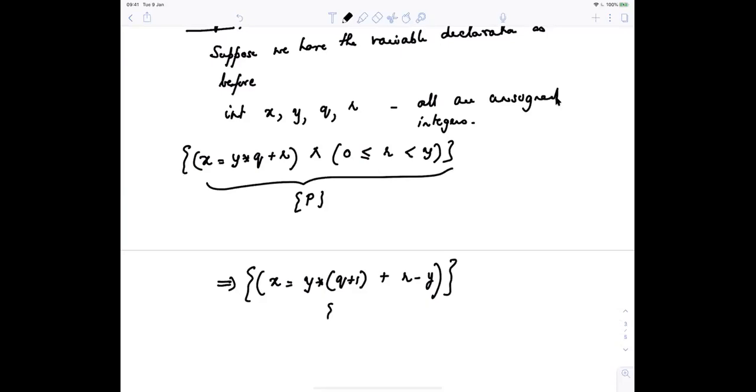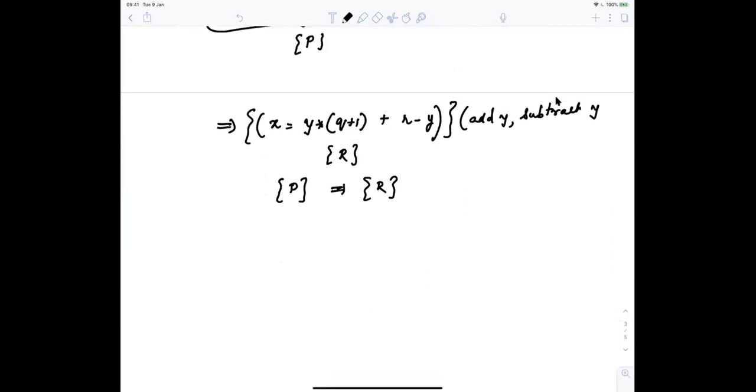So this is our R. Okay. So basically all that I'm doing is add y, subtract y. So I'm actually not changing the equation. Okay. So what we're saying is P implies R using the rules of arithmetic.